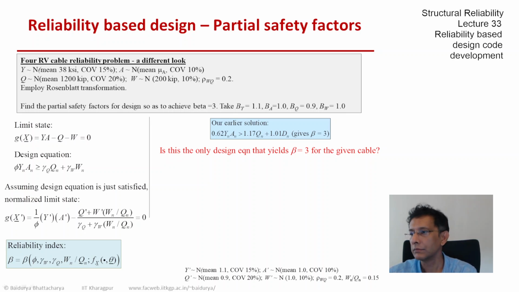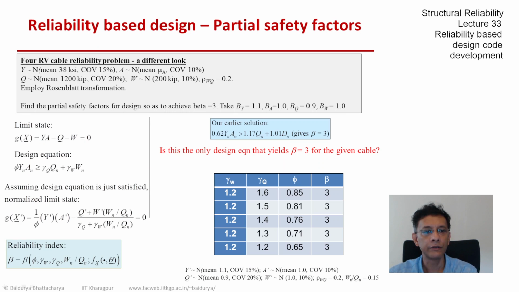So let's just take one example. Let's fix the value of gamma w, and let's change the value of gamma q, and then accordingly we would have to adjust phi in order to get a beta equals 3. So if you look at the first row, we take gamma w as 1.2, gamma q as 1.6, so that's a standard dead load factor and live load factor, and then phi has to be 0.85 in order to go back to a beta of 3.